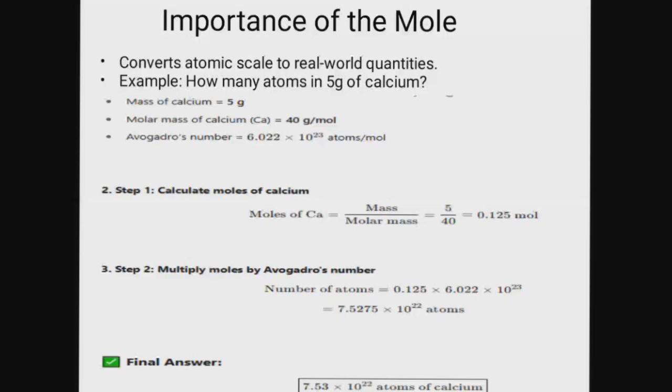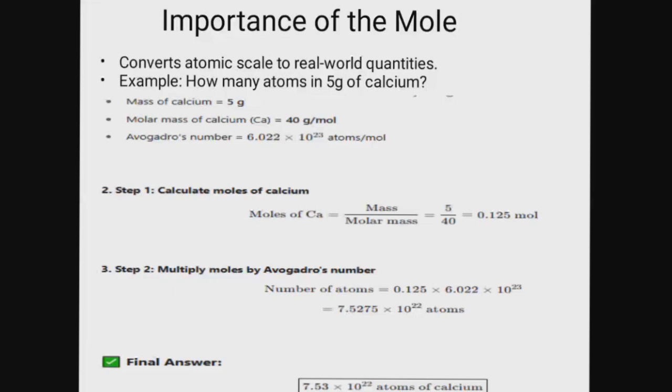First of all, let's calculate the moles of calcium. This is mass over molar mass. That's 5 over 40. 5 divided by 40 will give us 0.125 mole. Then, remember we said that 1 mole is equal to 6.022 exponential 23.